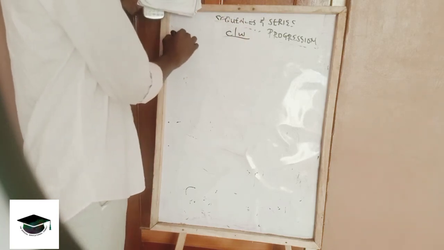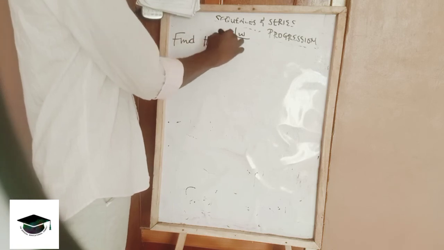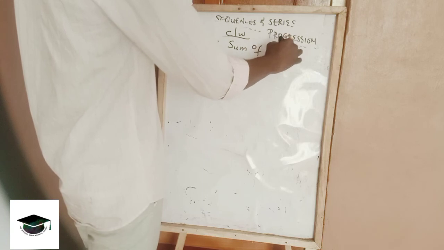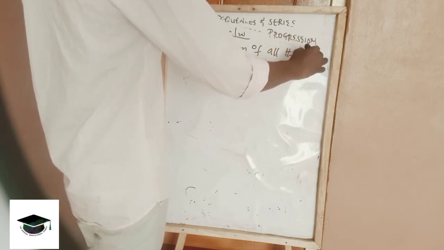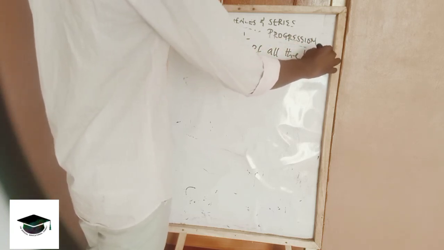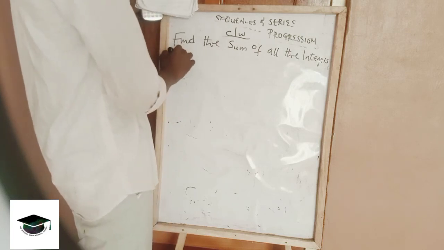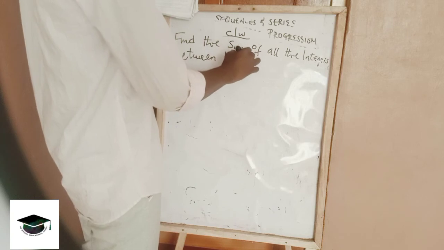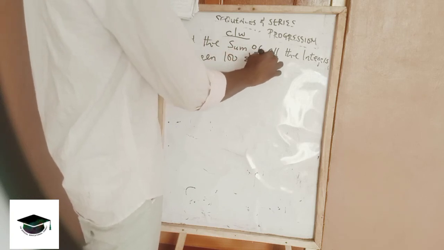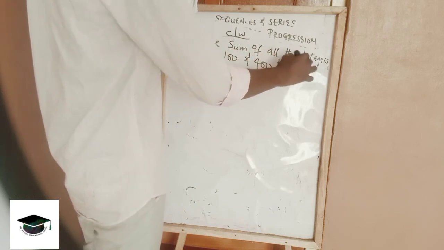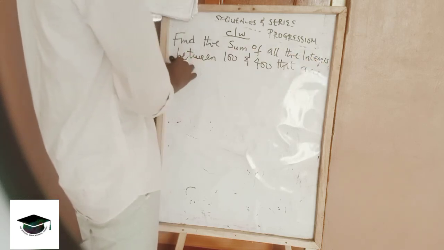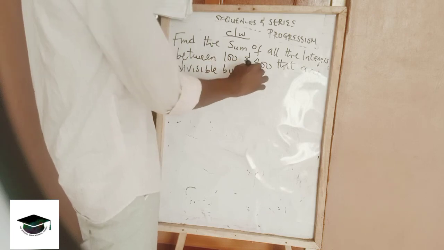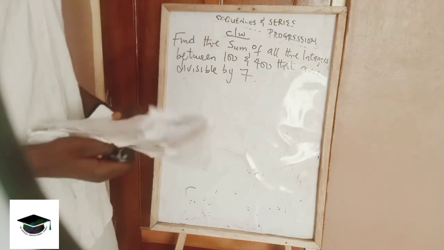It says find the sum of all the integers between 100 and 400 that are divisible by 7. Do this as your classwork.